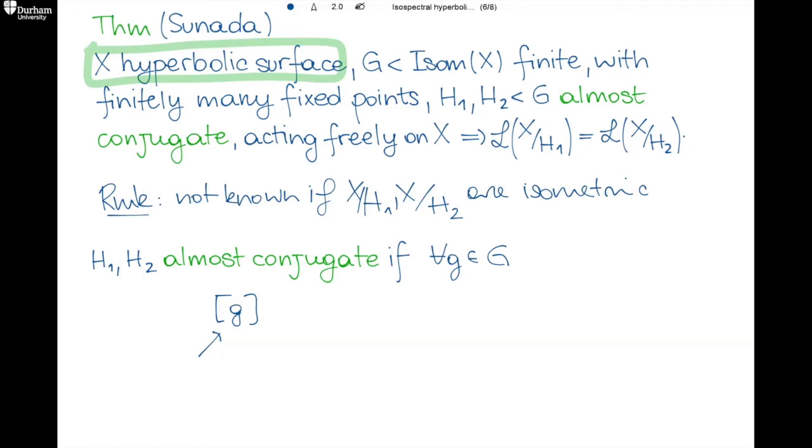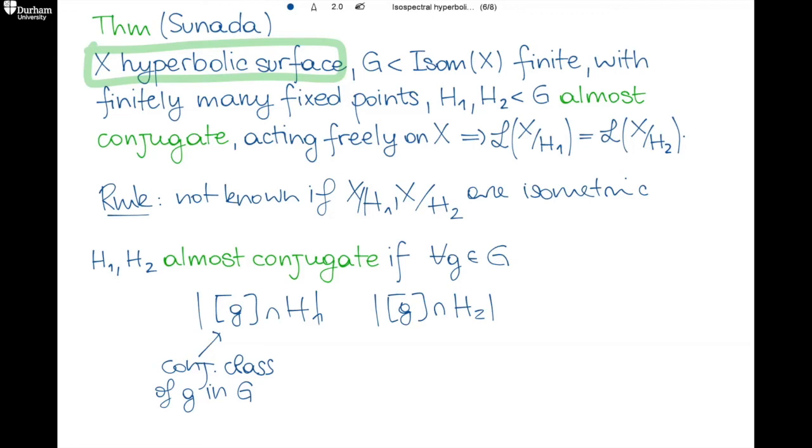So here, this is the conjugacy class of little g in big G. And I can intersect it with H1 and with H2. The condition is that these two sets have the same cardinality. I'm starting with finite groups, so this makes sense. And indeed, it's not hard to check that if you are conjugate, then you are almost conjugate.